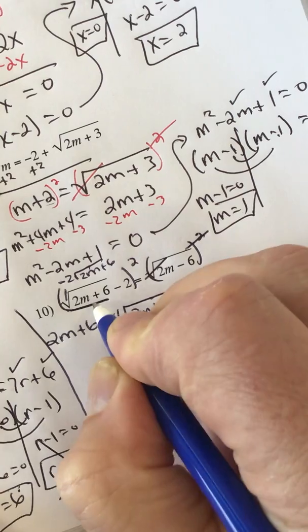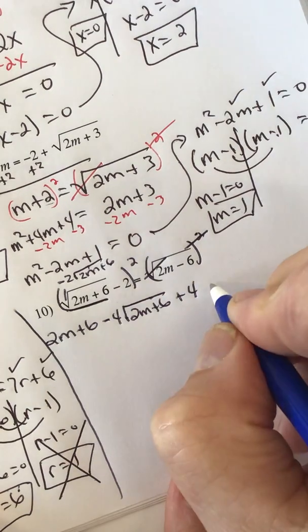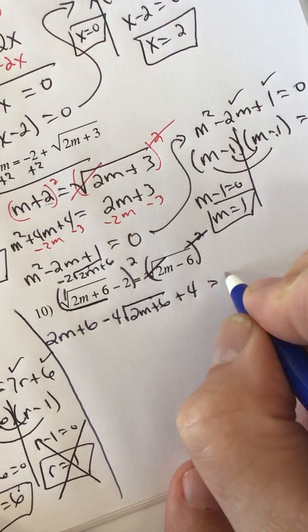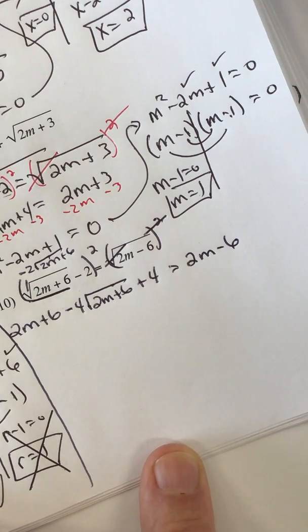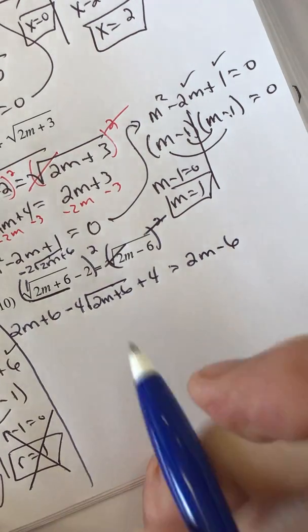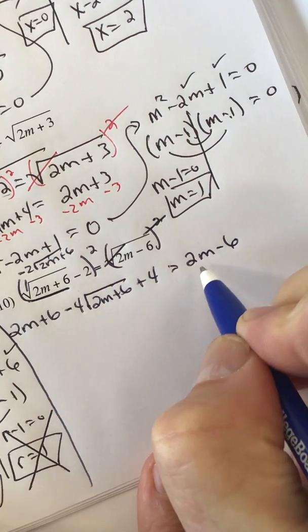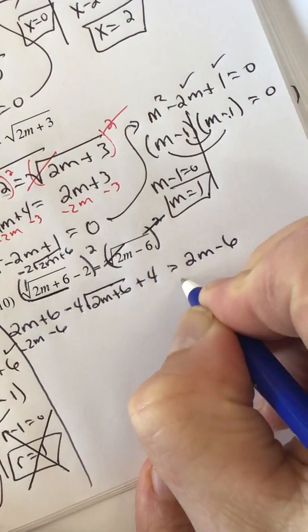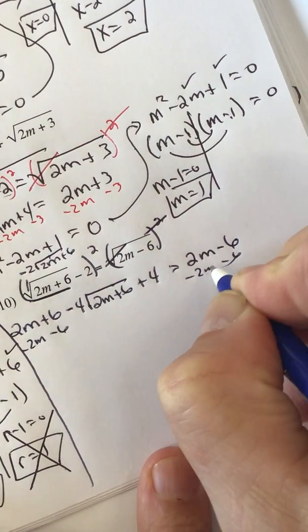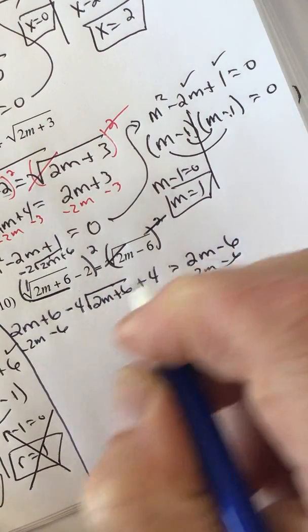So all of this is that one multiplied out. And then this square root and that square end up canceling out, so we just have the 2m minus 6. Wow, look at this. Here's a 2m minus 6, and there's a 2m minus 6. If I subtract 2m and subtract a 6, subtract 2m and subtract a 6, those are gone.